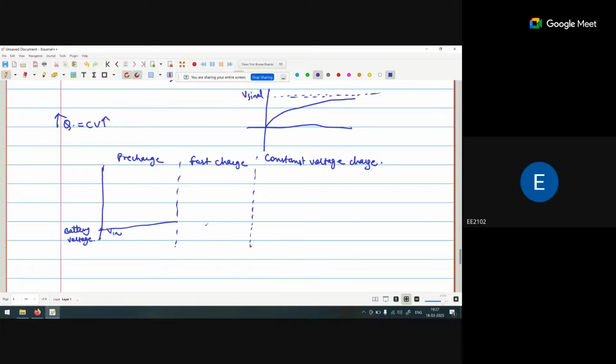Again in the fast charging, it increases faster. After that, in constant voltage, it will be almost constant and approach 100%. So this is the profile with respect to time t.